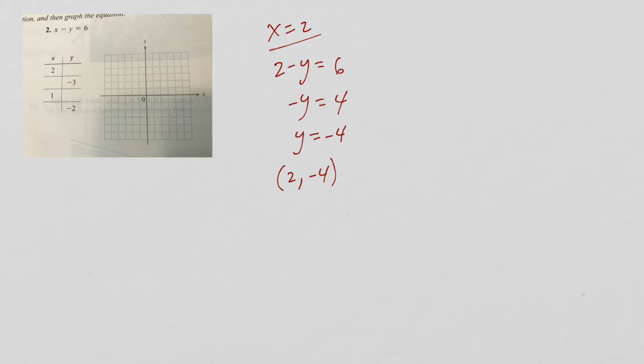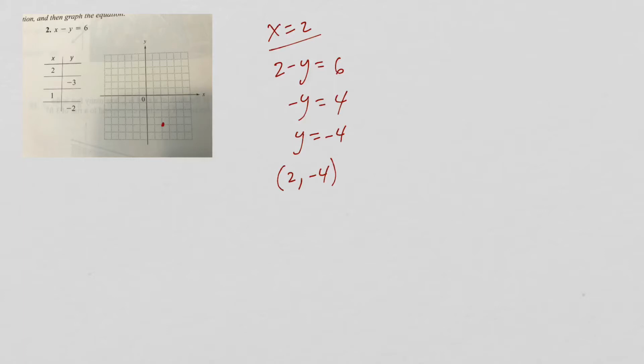Okay, number 2, x minus y equals 6. So when x is equal to 2, we have 2 minus y equals 6, so negative y equals 4. So y equals negative 4. Our ordered pair is (2, -4), which is 1, 2, 3, 4 right there. Okay.